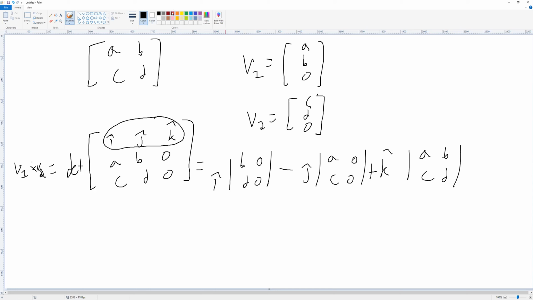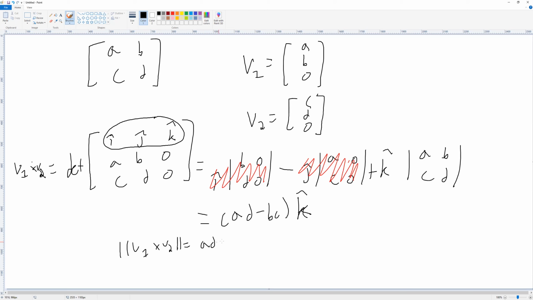Now, for these first two determinants, B times 0 minus D times 0 is 0, so this becomes nothing. A times 0 minus C times 0 is 0, so this becomes nothing. A times D minus B times C is AD minus BC. And so our final vector is equal to AD minus BC in the direction of k hat, and the magnitude of this vector is just AD minus BC.